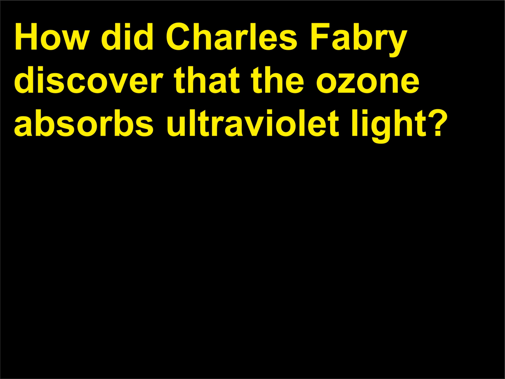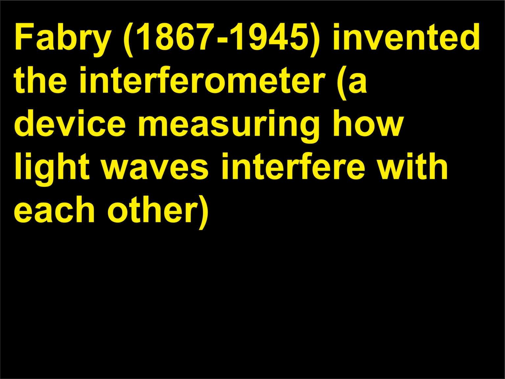How did Charles Fabry discover that the ozone absorbs ultraviolet light? Fabry, 1867 to 1945, invented the interferometer, a device measuring how light waves interfere with each other.